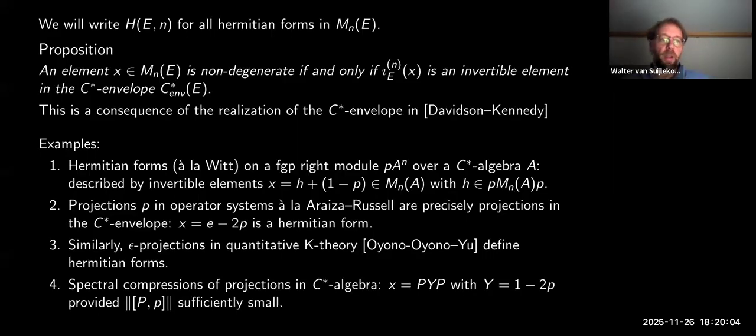And the other thing I would like to capture, which is an example, is if you take a capital Y coming from a C-star algebra, which is the identity minus 2P, then you can also compress that with the spectral compressions or the truncations that I described. And you have to make sure, so that's something to be tested, that the X still has a spectrum away from 0, and that's somehow the ingredient that you need.